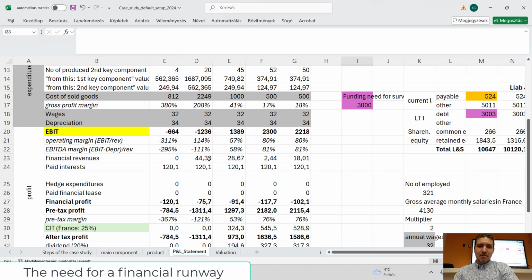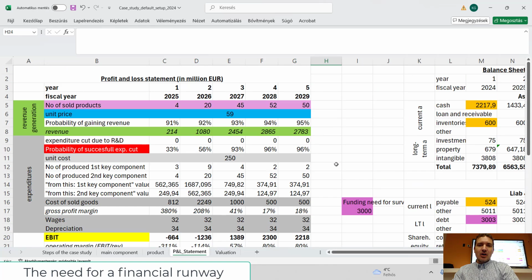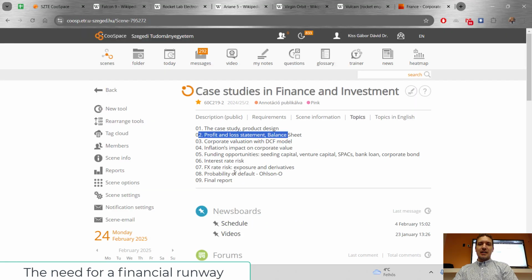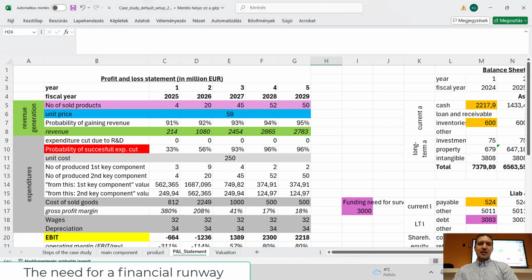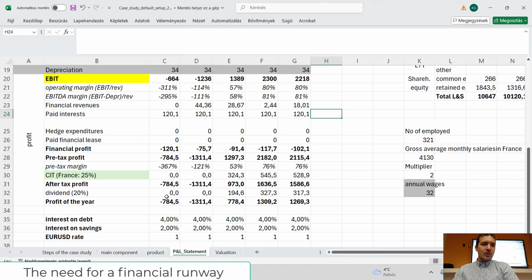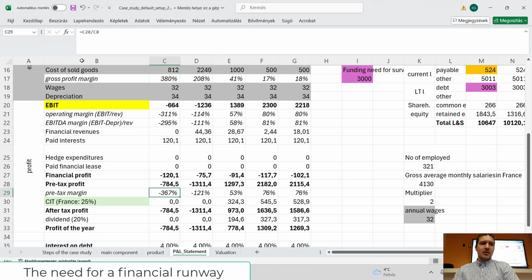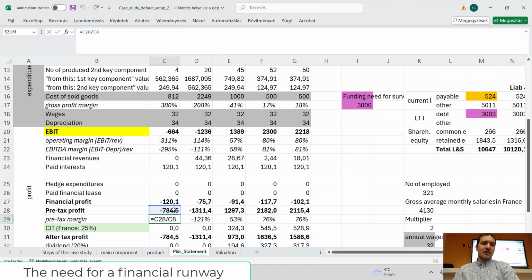Okay, so now we just have to write it down. Pre-tax margin is pre-tax profit divided by the revenues.